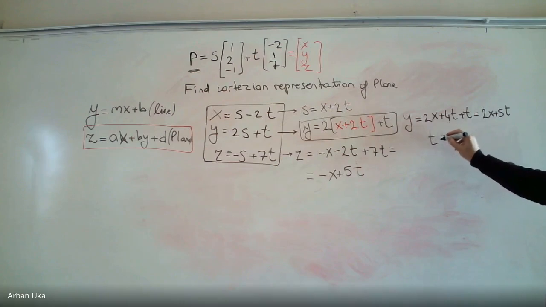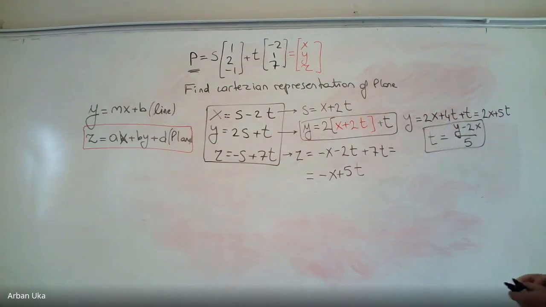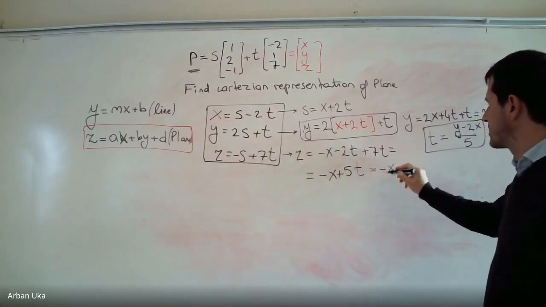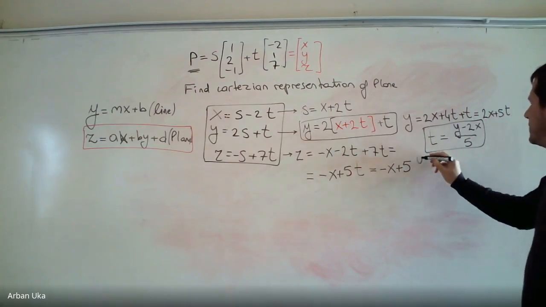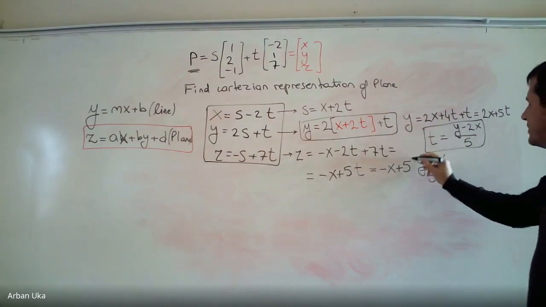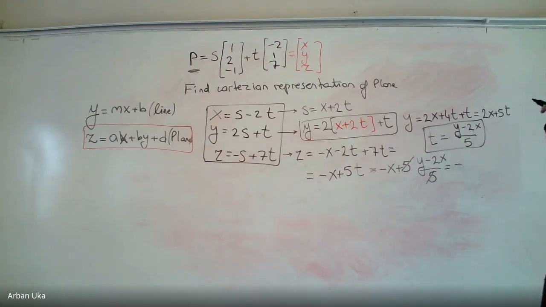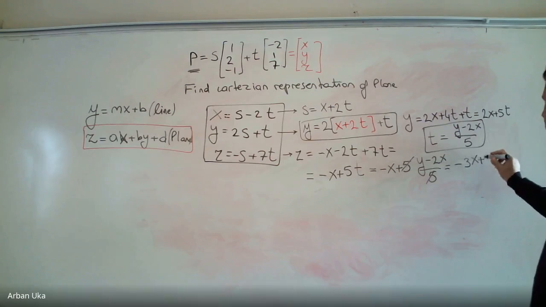And t is equal to y minus 2x divided by 5, right? So in here, we're going to get minus x plus 5 times y minus 2x divided by 5. What do we get here? We get minus 3x plus y.